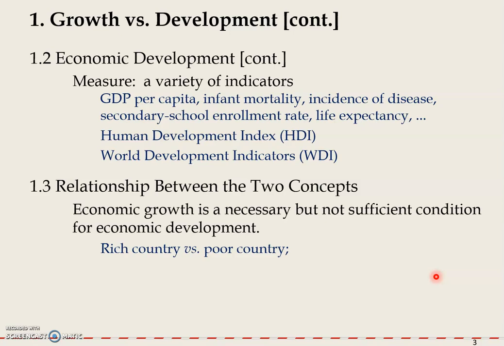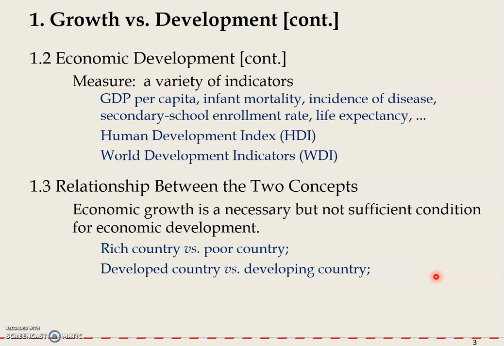And if you understand this relationship, you should understand when people use rich country versus poor country. They are basically focusing upon the economic aspect, or economic growth. However, when we use developed versus developing countries, then we're trying to say something much broader than just the economic activities.